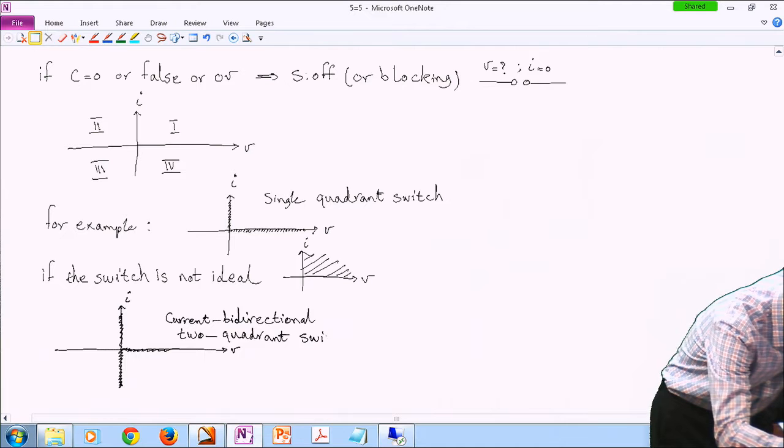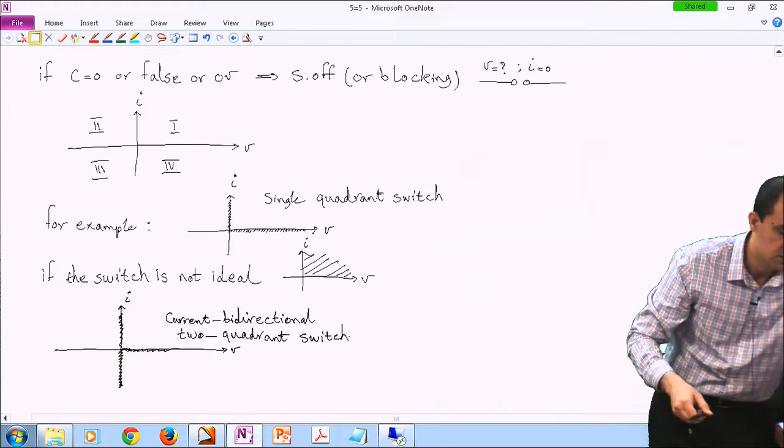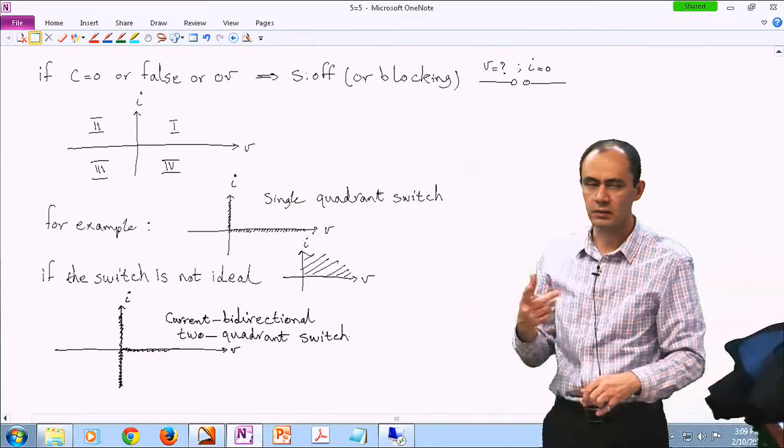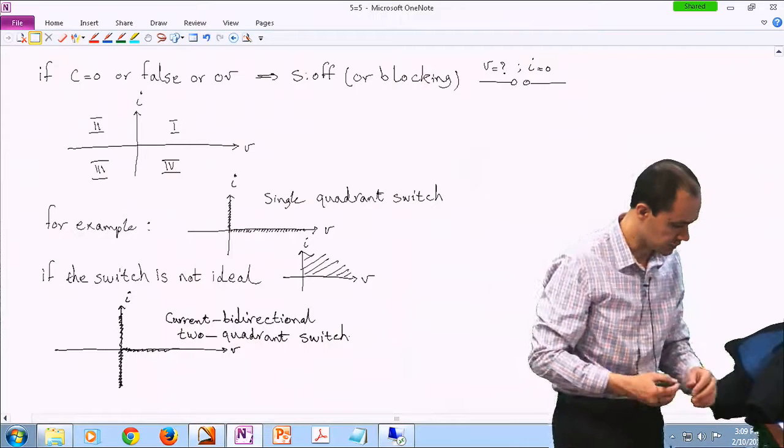For instance, a MOSFET is something like this. Basically, a MOSFET can conduct in both polarities, both directions.